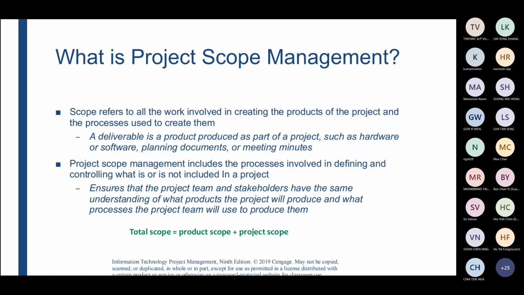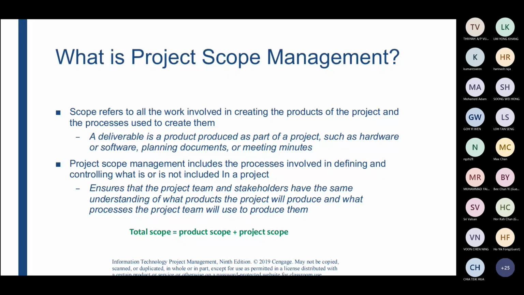So this is important. All the work involved in creating the product of the project, which normally I refer to as your system, software, and all the processes used to create them. This is what we call scope. So you need to set your scope correctly in the beginning of the project.